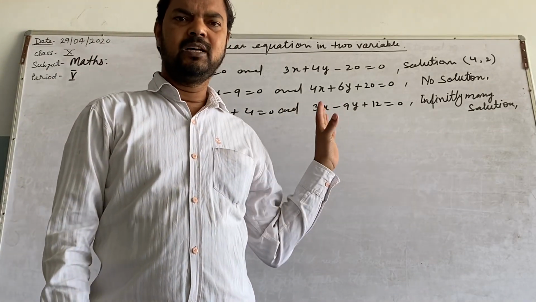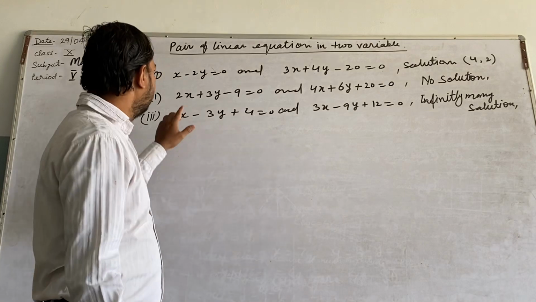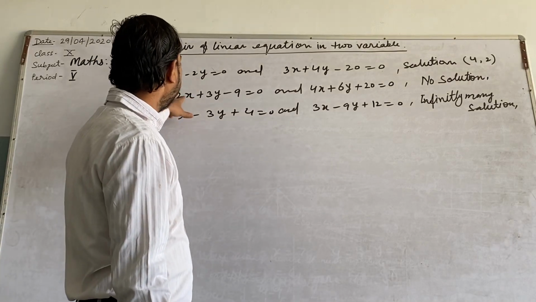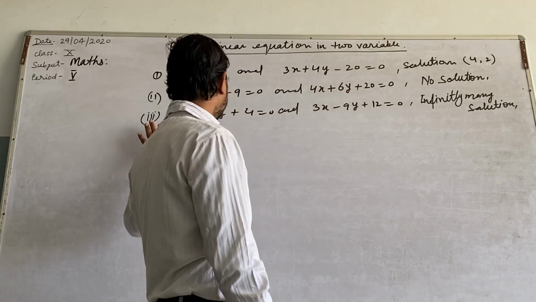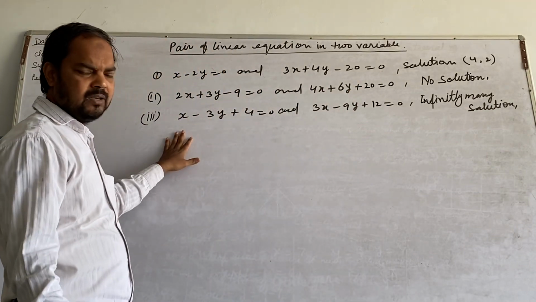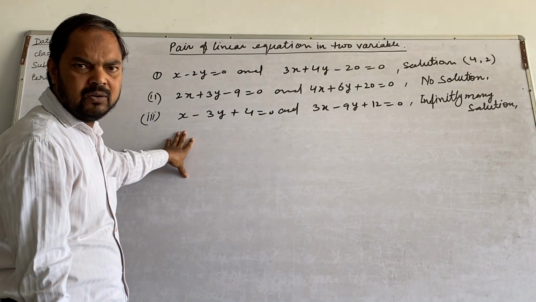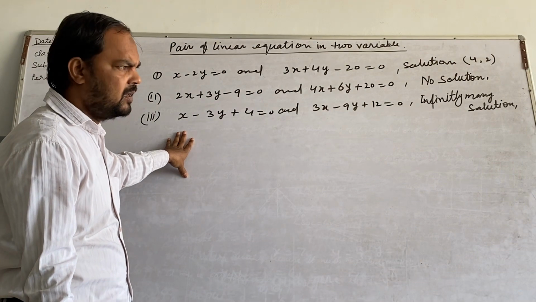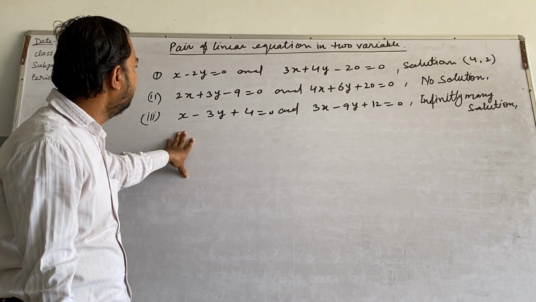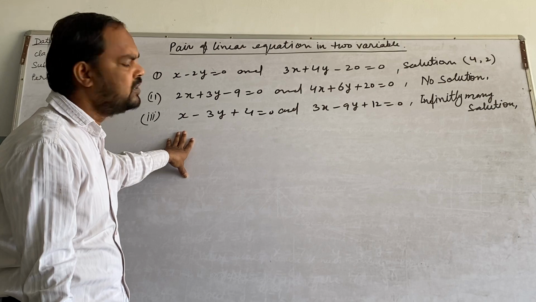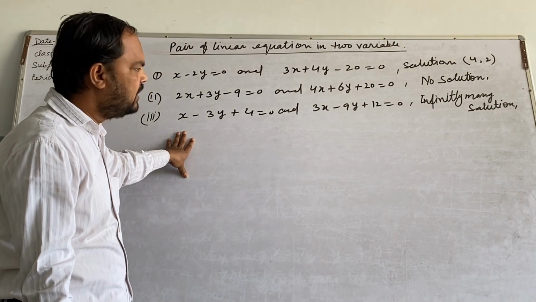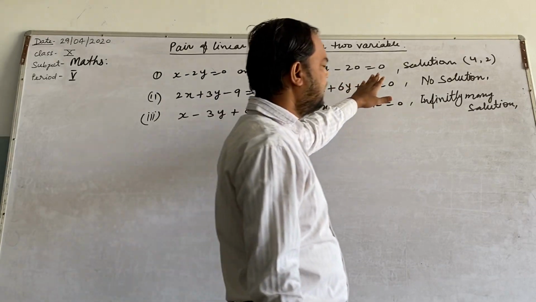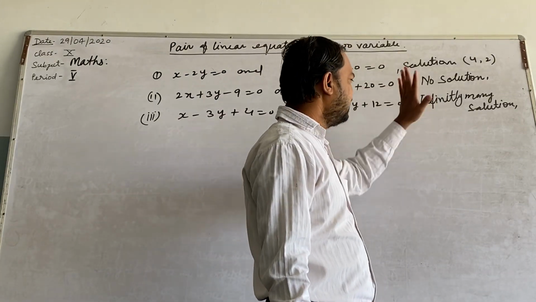So on the basis of this and the coefficients of the variables, the coefficients of the pair of equations, we will try to find out a result, and we will learn a result depending on the ratio of their coefficients. In this way we can say it has a solution, no solution, or infinitely many solutions.